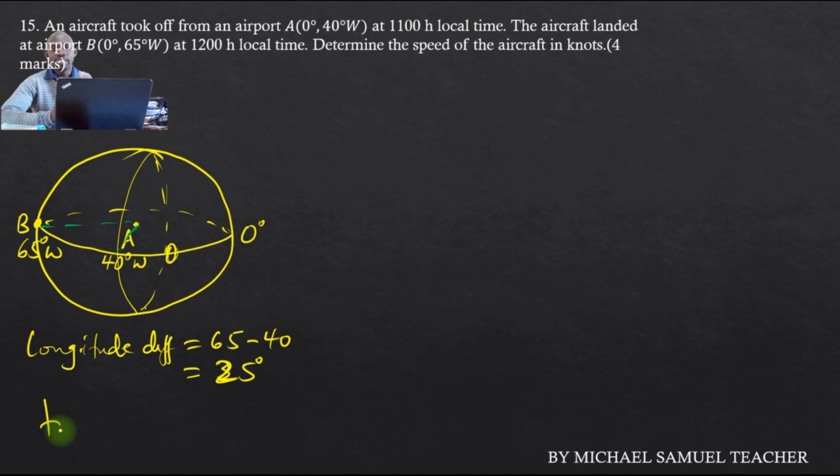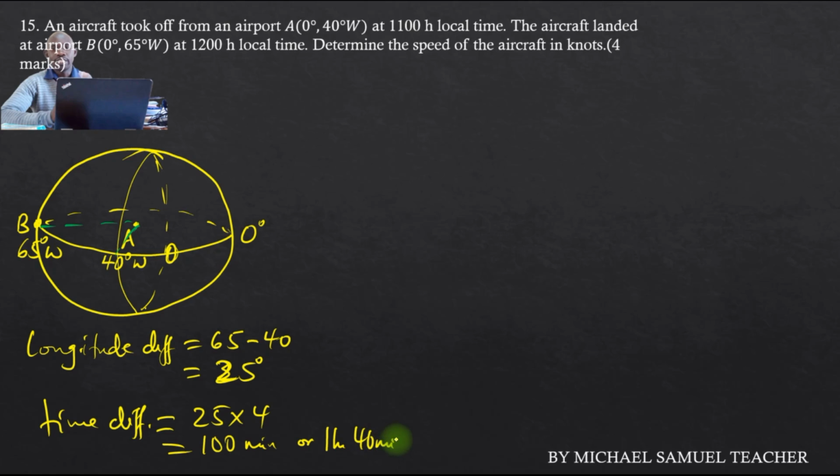Time difference: for every 1 degree, it is 4 minutes. So for the 25 degrees difference, it is 25 times 4. We have 100 minutes, which is the same as 1 hour 40 minutes.